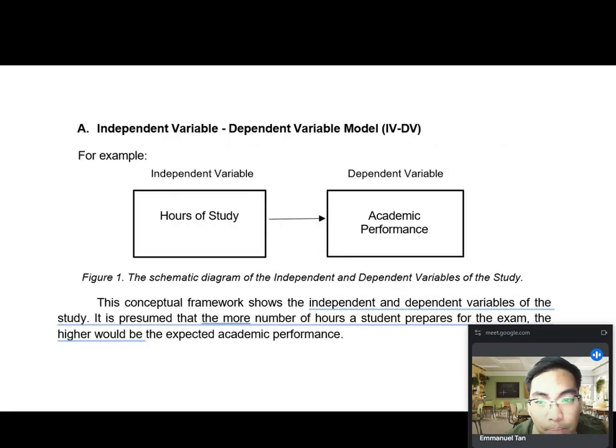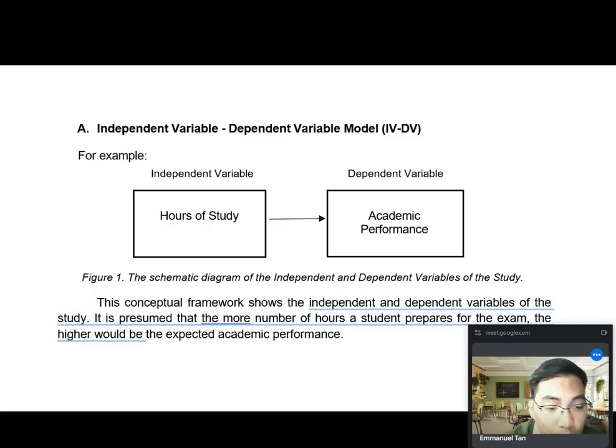Now, look at the IV-DV model. Okay, so the independent variable there is basically the hours of study. Now, the dependent variable there is the academic performance. Look at the arrow. Okay, so yung arrow is leading to the dependent variable.